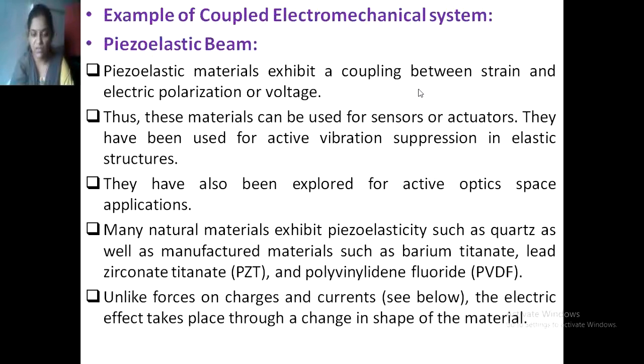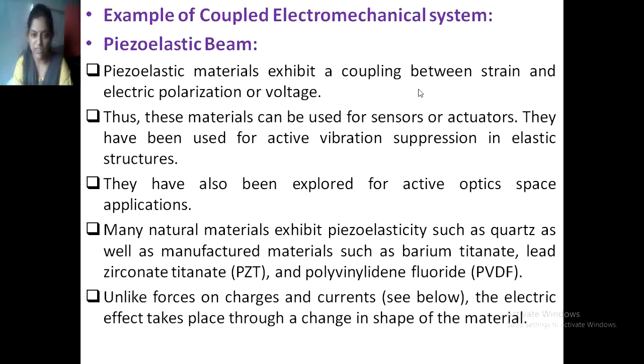They have also been explored for active optics space applications. Many natural materials exhibit piezoelasticity, such as quartz, as well as manufactured materials such as barium titanate, lead zirconate titanate, that is PZT, and polyvinylidene fluoride, PVDF.